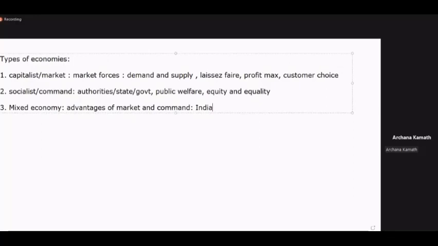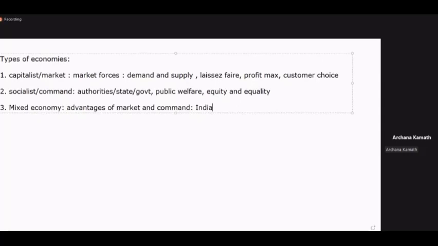For example, the Federal Reserve of USA. The Federal Reserve makes decisions which affect the market forces a lot. Their president's decision is going to create a lot of problems for the market to function, right? So capitalist economy, we traditionally learned USA and England as examples, but in real life, we don't have a proper example of a pure capitalist economy.